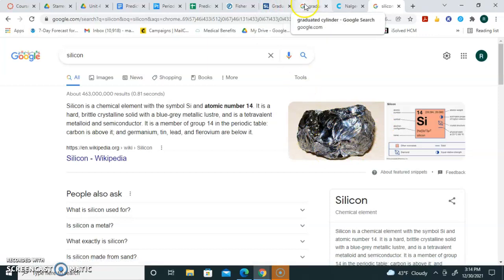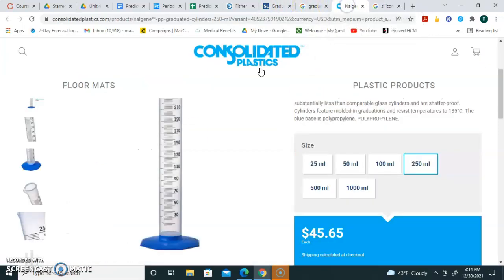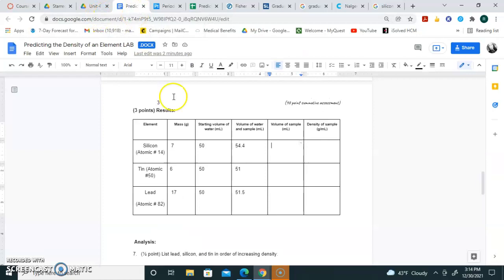So after filling that graduated cylinder with 50 milliliters of water, we dropped that silicon in the water, and the water basically went up from 50 to 54.4. Which is what this table is telling you right here. So the volume of the sample, in this case, I know that it's going to be the difference of those two volumes. So 54.4 minus 50 is going to be just 4.4 is the volume of my sample.